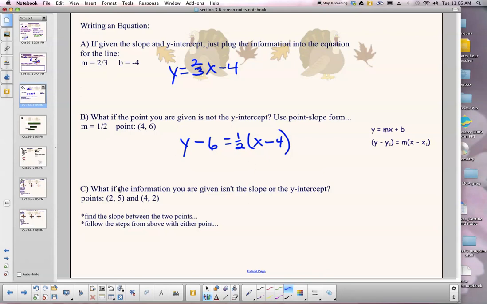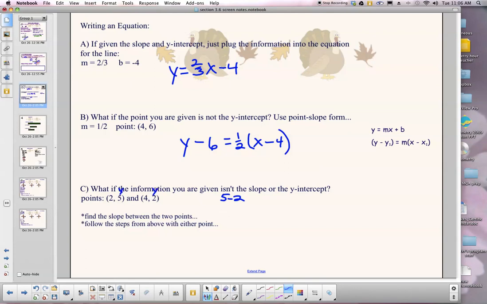My third example: what happens if I don't give you the slope at all? Well, then you have to find the slope between the 2 points. Going back to what we looked at in the very first slide, it's the change in y over the change in x. So I would do 5 minus 2, because those are my y values.